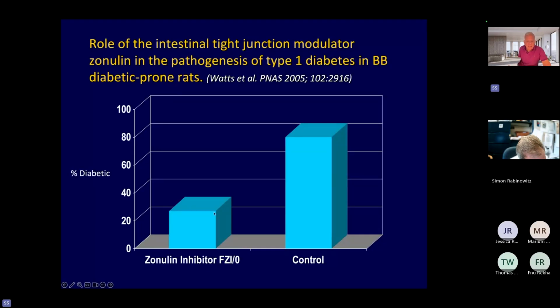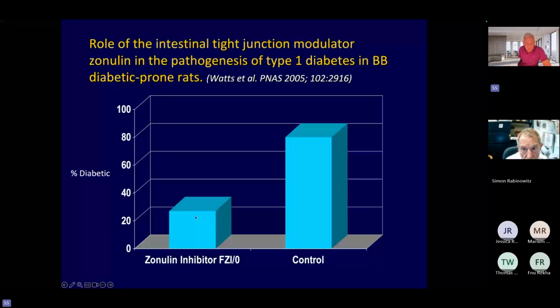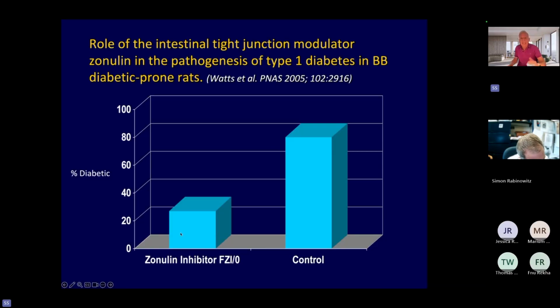When you have a zonulin inhibitor, the prevalence of diabetes in these rats is somewhere around 20-25%. But in control, it's 80%. So just by inhibiting zonulin, in the case of diabetes, you're preventing the uptake of macromolecules, leading to development of the disorder.